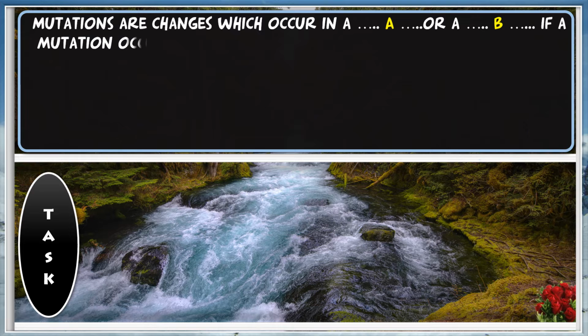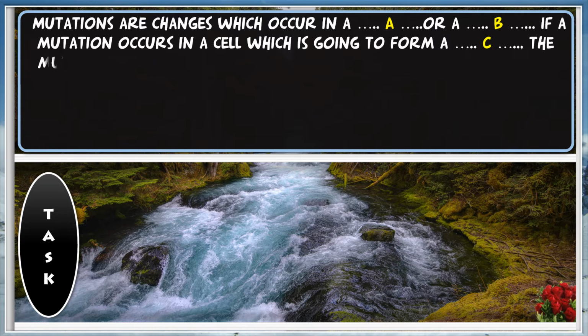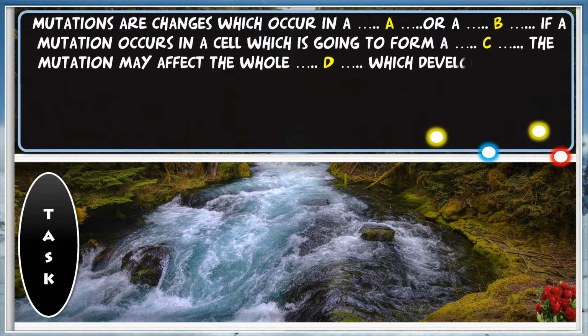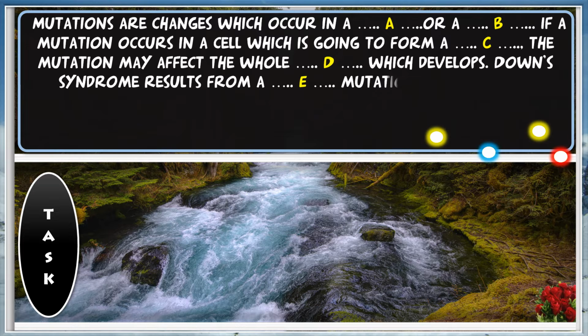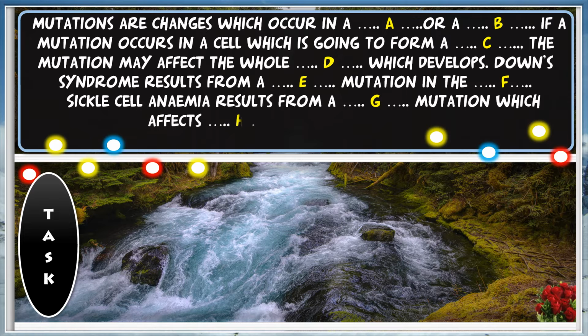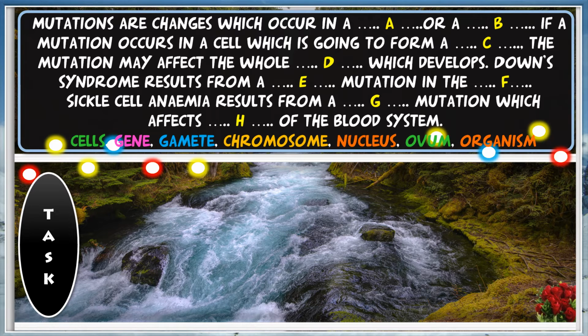Mutations are changes which occur in a dash or a dash. If a mutation occurs in a cell which is going to form a dash, the mutation may affect the whole dash which develops. Down syndrome results from a dash mutation in the dash.